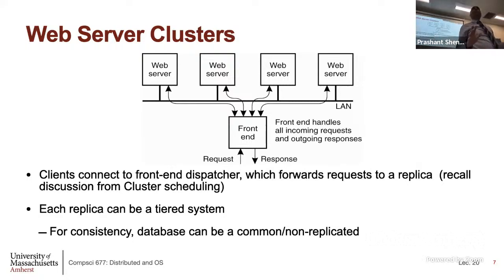Is that clear? Now there is one subtlety I didn't talk about, which is if you actually replicate all the tiers at each of those boxes labeled web tier, web server, then your database is also getting replicated.